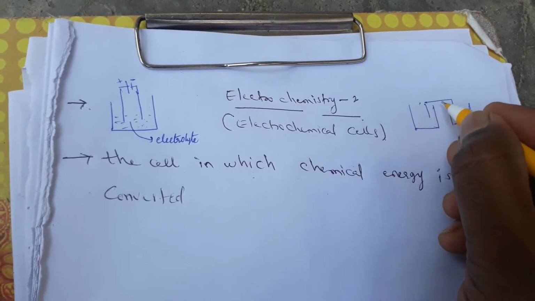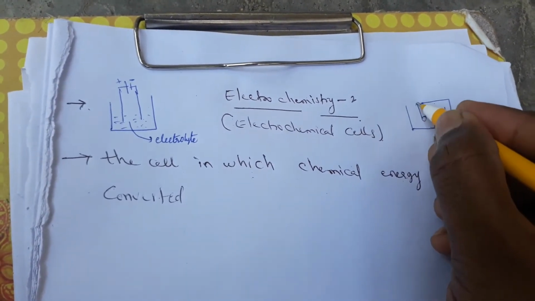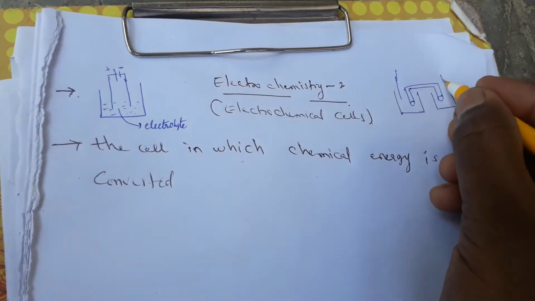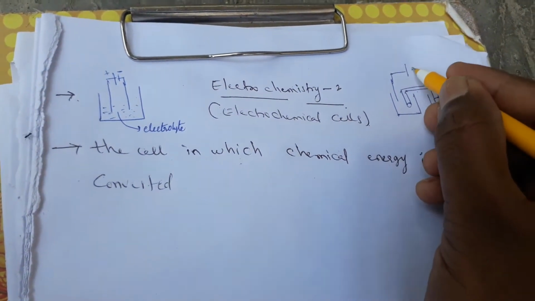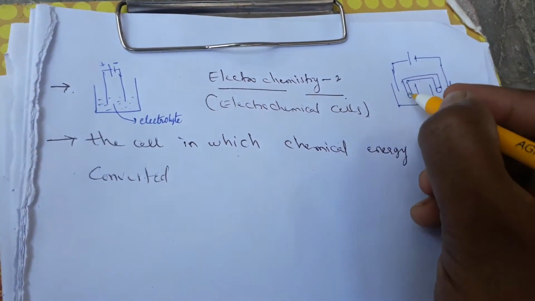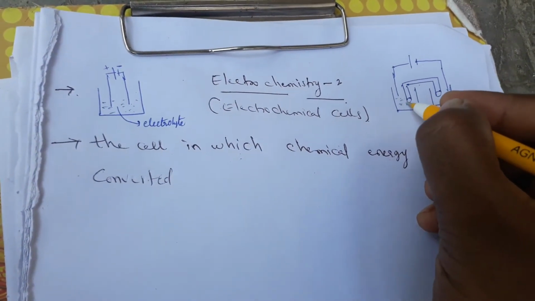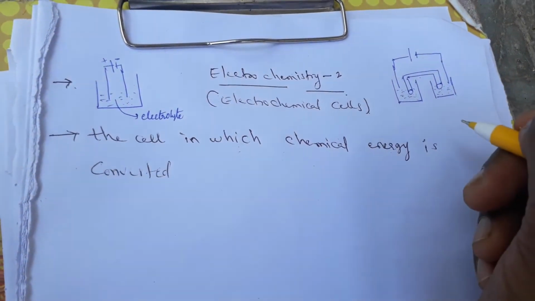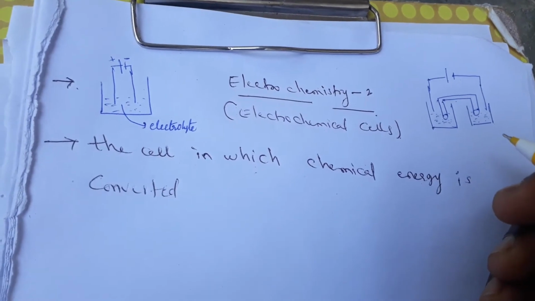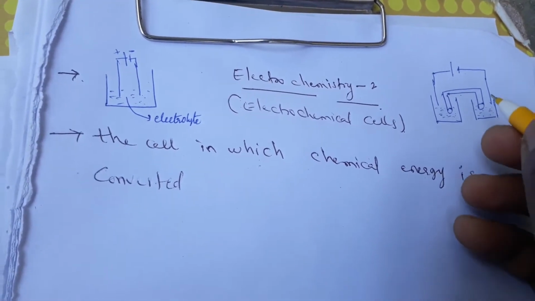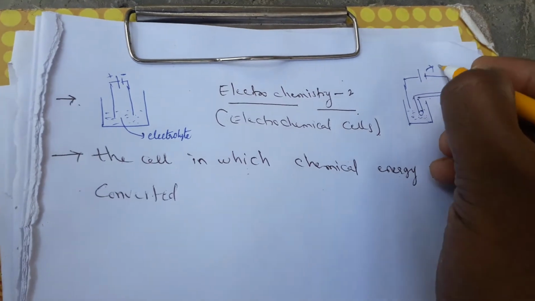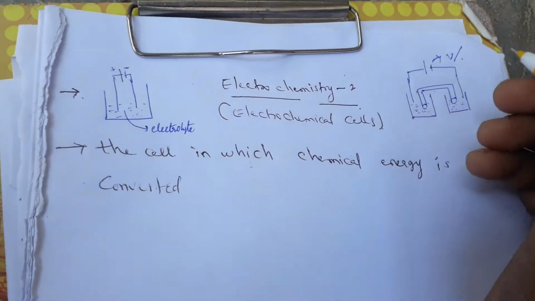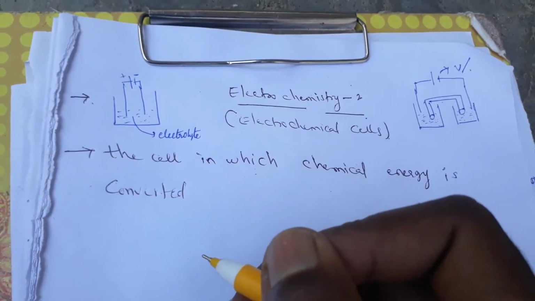There is a salt bridge present between the two beakers, and we immerse two electrodes here, and there we generate some electric potential. We take two different electrolytes in these two beakers, and we find out how many volts of electricity are generated in this cell.